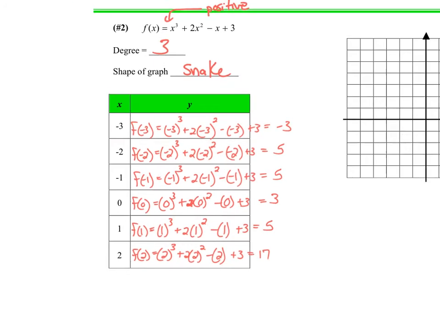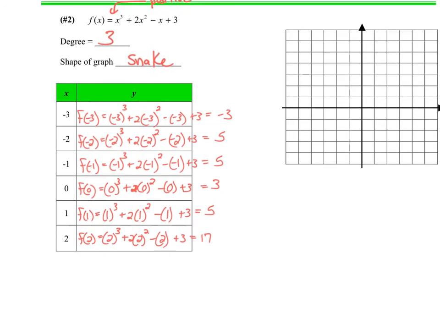But when we put our points on here, the first point is -3, -3. Then we have -2, 5, should be up here.